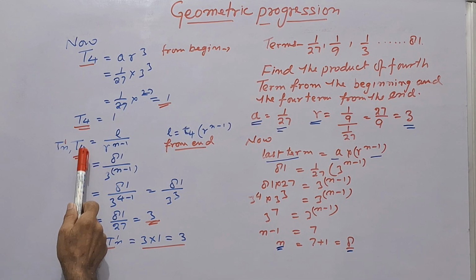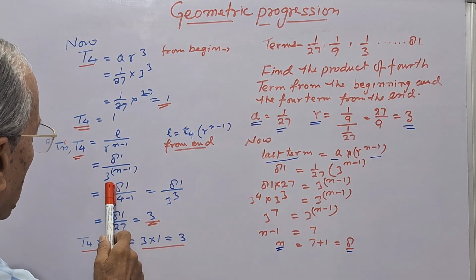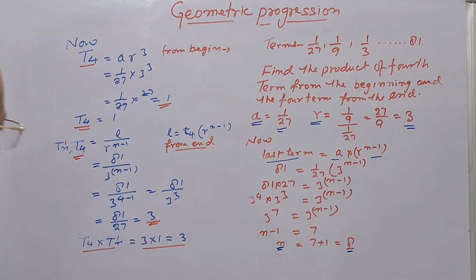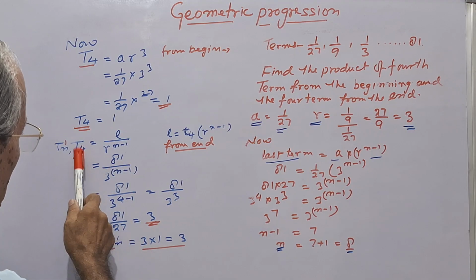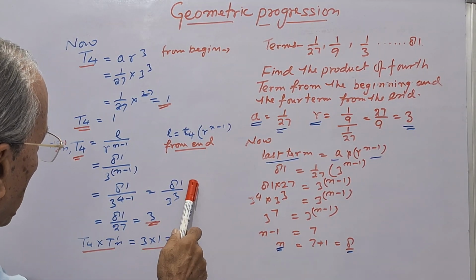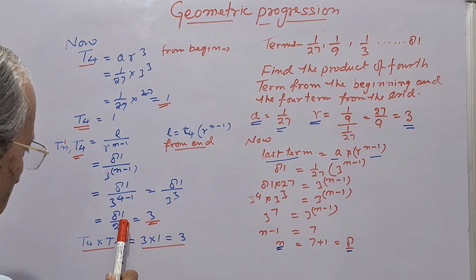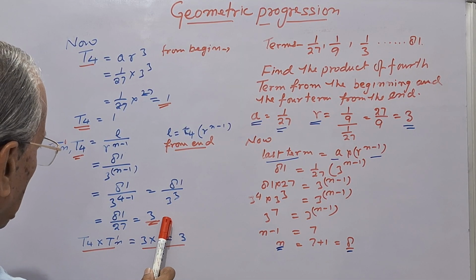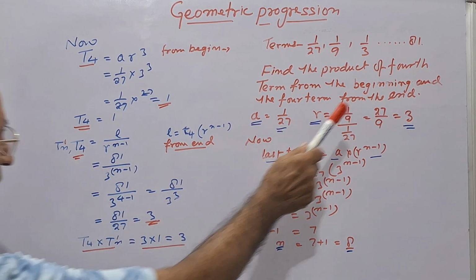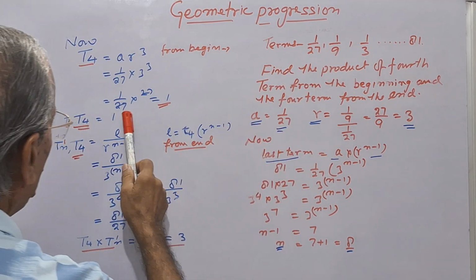So for T4 from the last, the term is 81, R is 3, and n is 4, so 81 upon 3 to the power 4 minus 1 is equal to 81 upon 3 power 3, that is 81 upon 27, divided out, you get 3. So the T4 from the end is 3 and T4 from the beginning is 1.